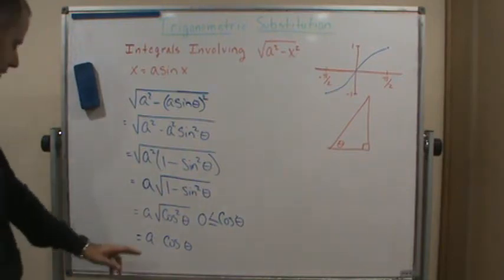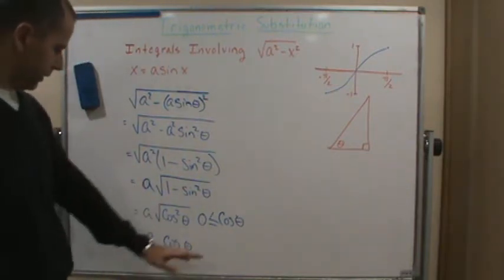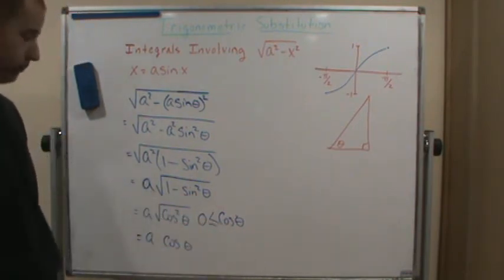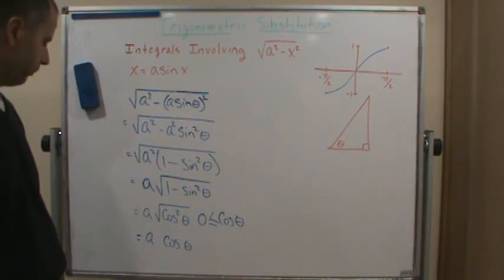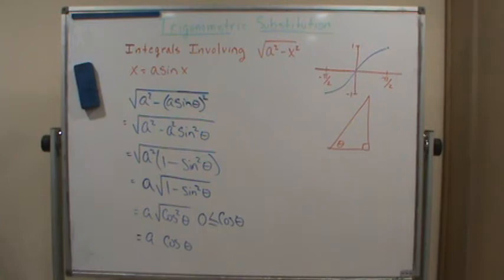So we get this. Why? Because a is positive and cosine theta is non-negative on the same interval. And that's the result. So we got the same result that we got before based on our setup.